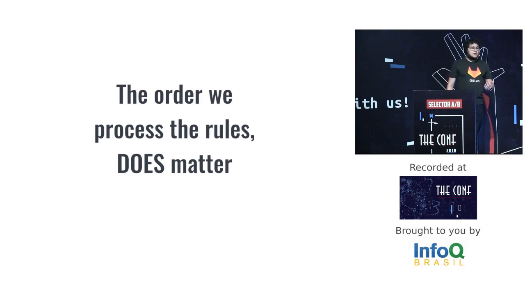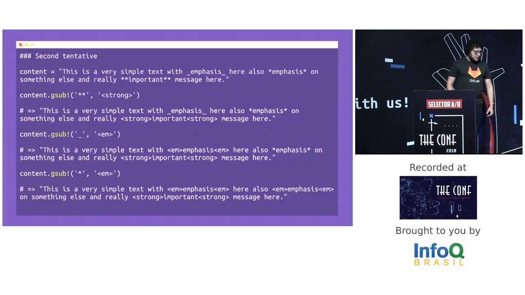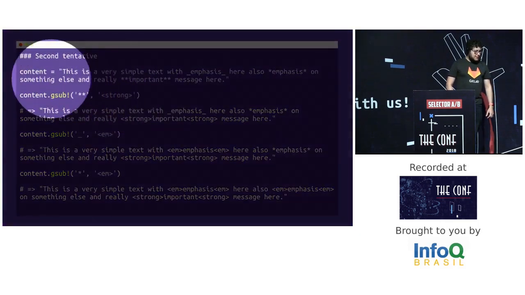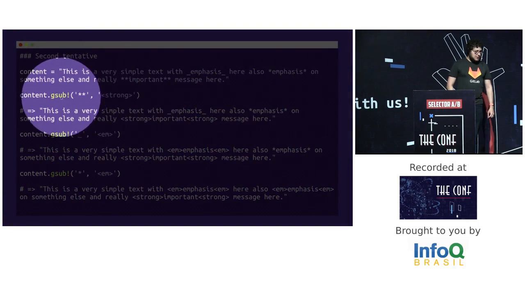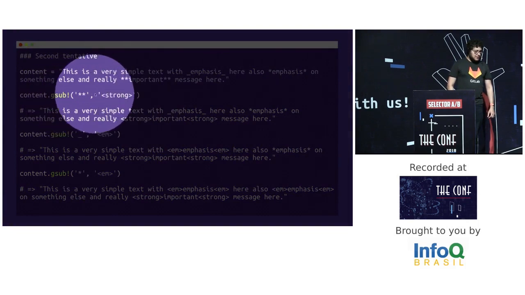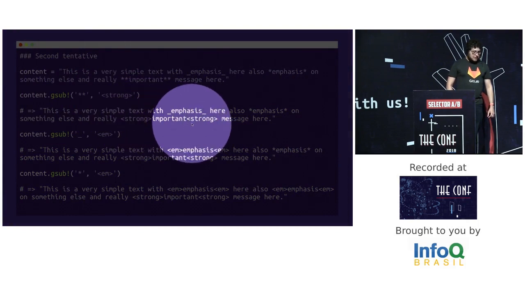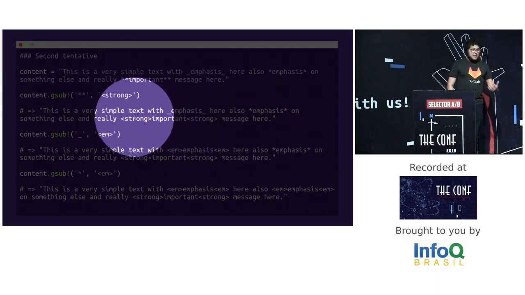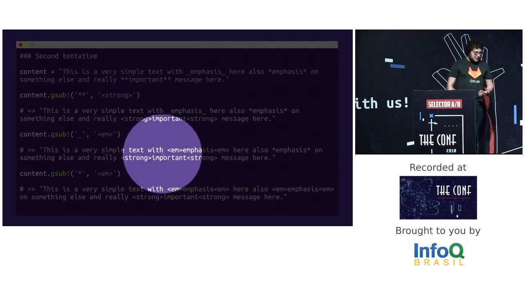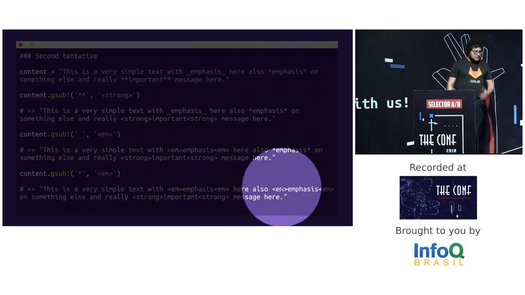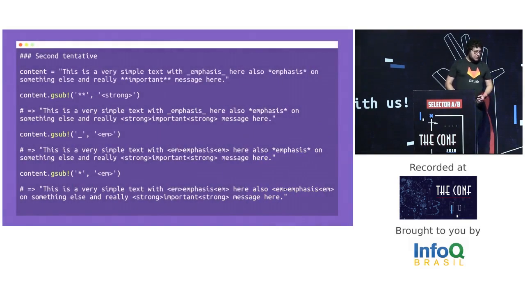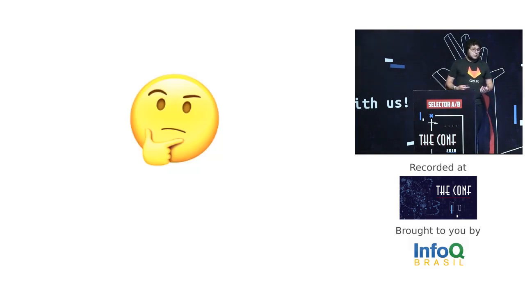This is really important. So in the second tentative, we modified the substitution instruction to be the first one. So we got the correct output here. We're still not closing the tags, but we managed to get the strong annotation, and the emphasized one is still correct. So how can we keep improving this code?